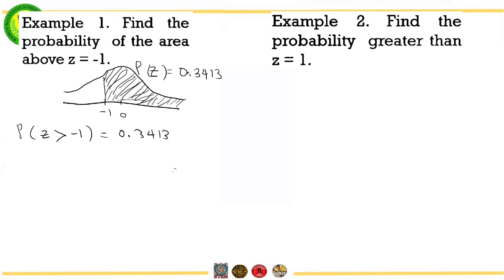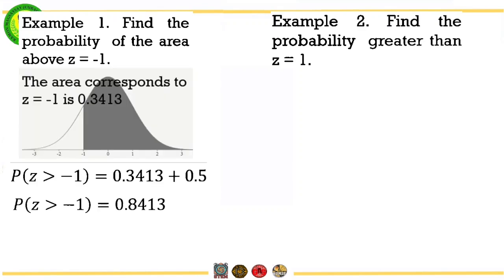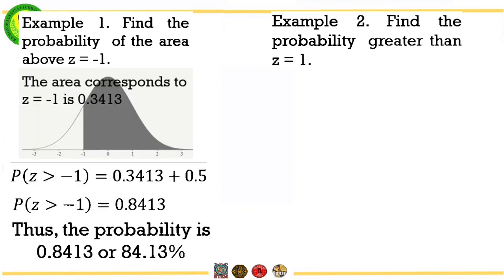Is that the final answer? I don't think so, because the shaded part is more than 0.5, so we must add 0.5. The area above z = -1 is 0.8413. Thus, the probability is 0.8413 or 84.13%.